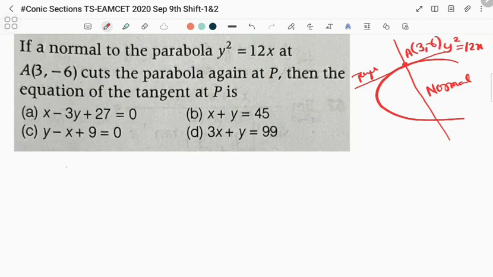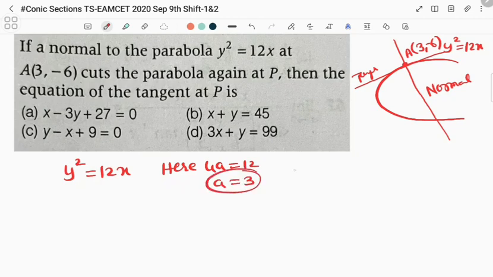So first, given equation of parabola y square is equal to 12x. So here 4a is equal to 12, a is equal to 3. So it's better to do the differentiation to get the slope. So differentiate with respect to x. 2y into dy by dx is equal to 12, derivative of 12x is 12 into 1.